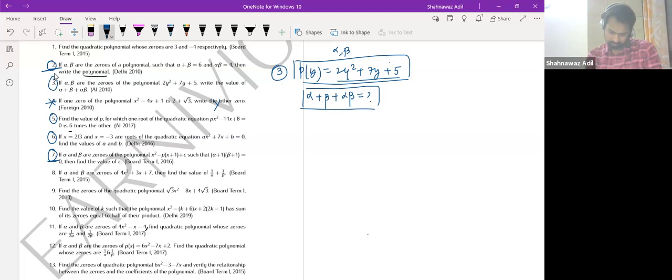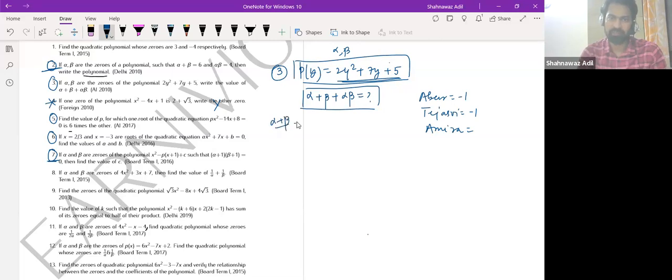So it is -1. Same, so -1. Okay, so Abir got -1, Tejasvi got -1. Good. And Amira, what about you? And you guys didn't solve this equation, right? You use the property of alpha plus beta is equal to minus b by a.